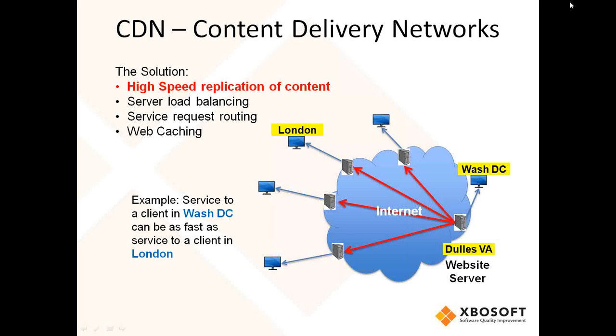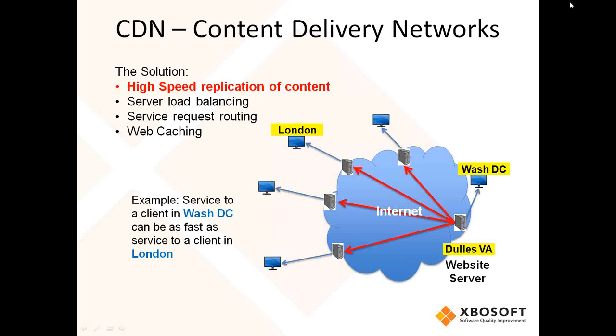The content can come from a server that's very close. You're not bogging down the network. There's load balancing on the servers, so it can really speed up the delivery of content.